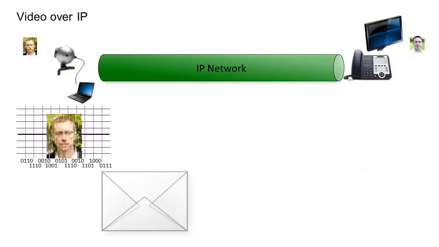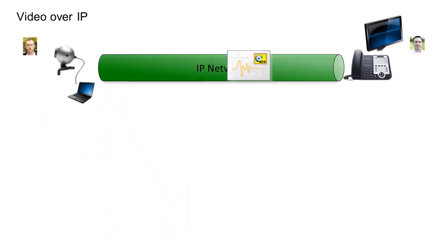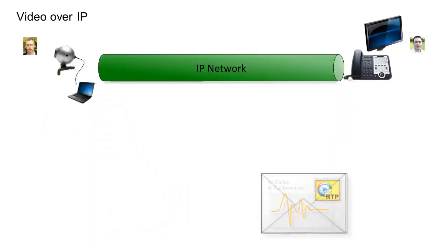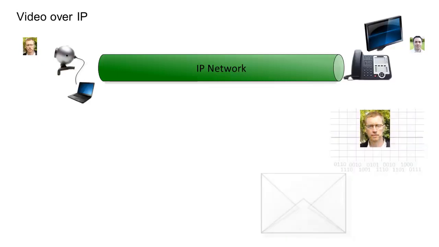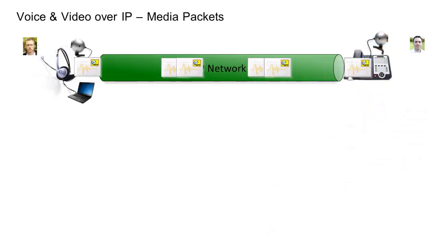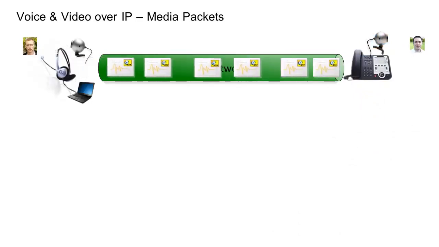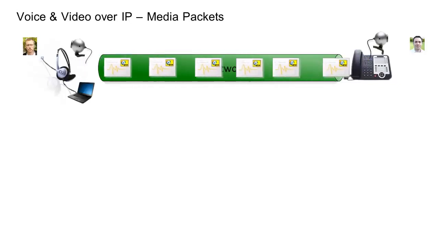Images from the camera are encoded, the binary digits packaged in media packets and sent out over the IP network. At the other side, again, the data is decoded, the image reconstructed and then displayed to the user. Now, every second of conversation has many media packets, audio and perhaps video packets that convey the real-time conversation.